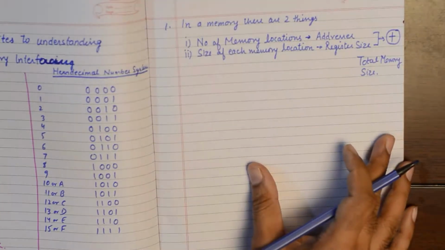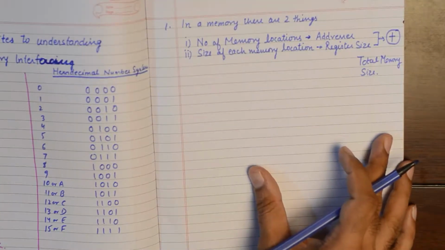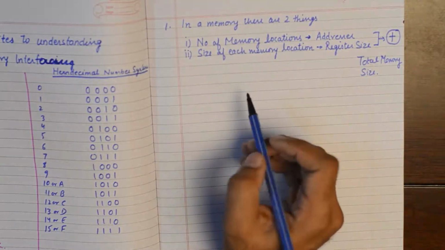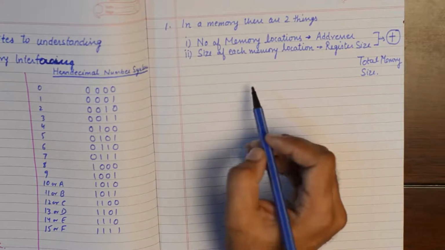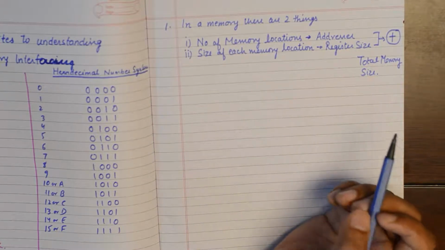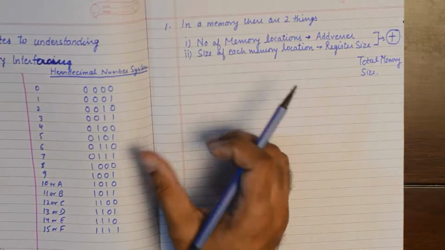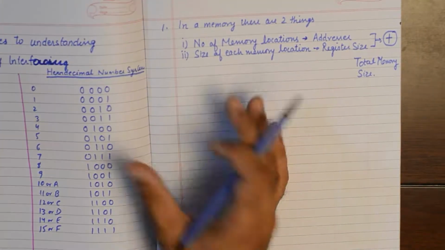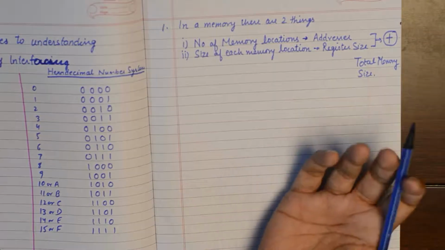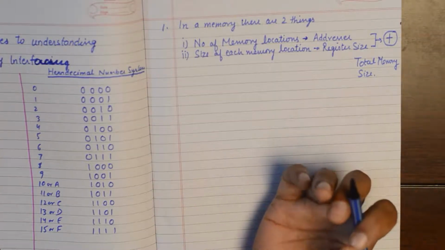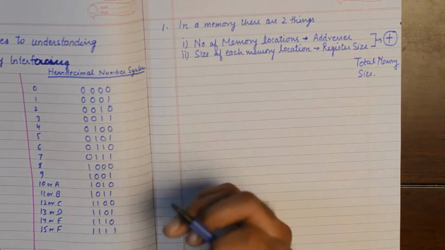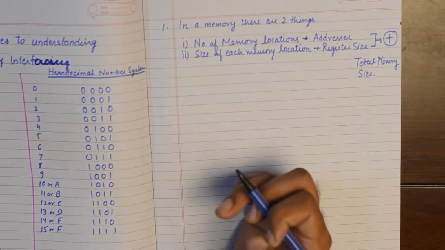Now, how do we understand these two things? The number of addresses of a memory is going to be some power of 2. For example, you cannot have a memory that has 6 addresses. You can have a memory that has either 4 or 8 addresses.